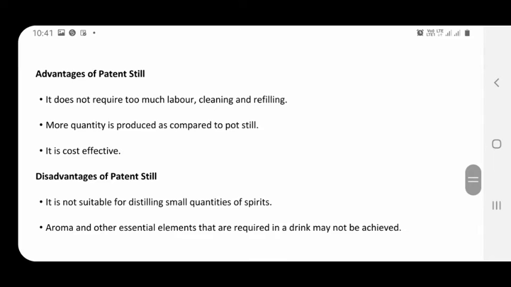You can see these are the plates. You pass the whole cold mixture onto them, and definitely it will become cold and come down, and you can collect it. The cold wash enters and passes down the rectifier column in a long serpentine pipe.